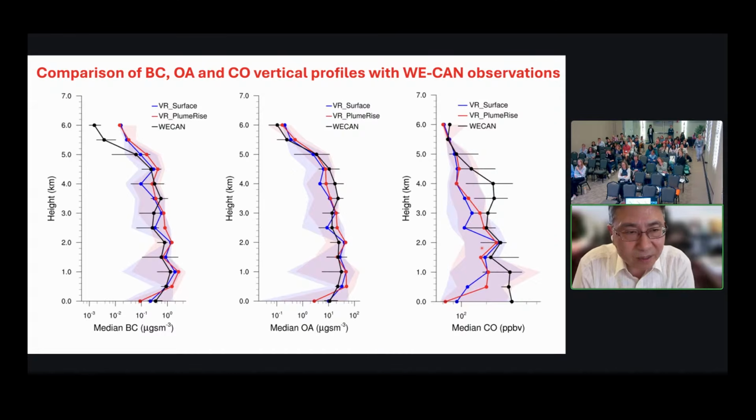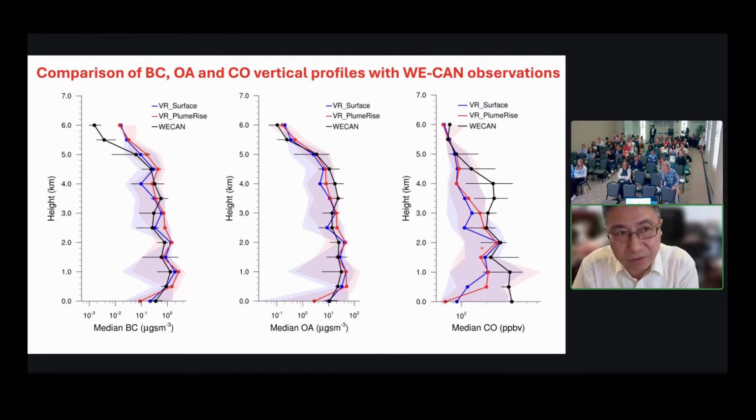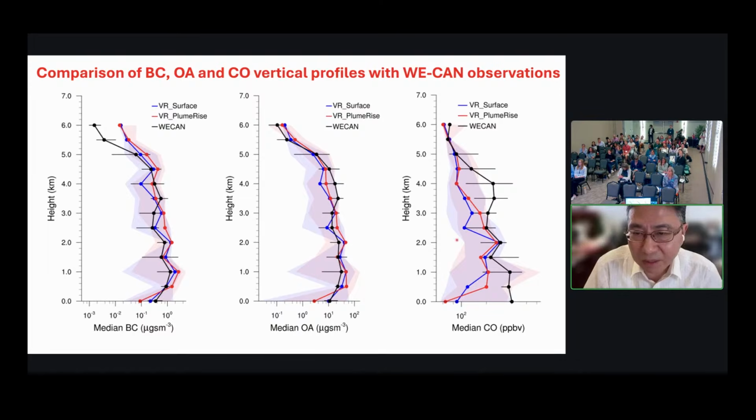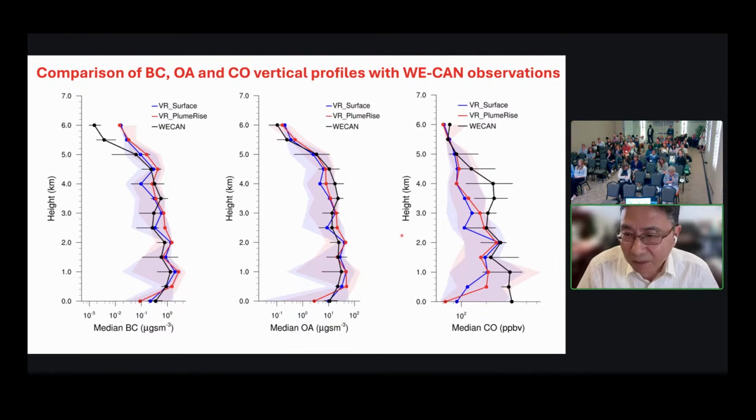The change is less than we expected, but maybe because of model vertical resolution. Even if we increase the horizontal resolution, above 2 kilometers the model has a coarse resolution of 1 kilometer. Maybe that's why the impact of the plume rise is not as we expect. But for the CO, you can see the impact can be large on the vertical profile.